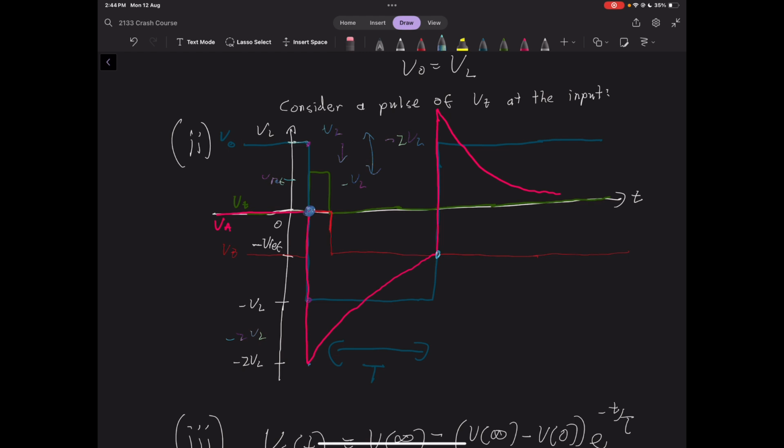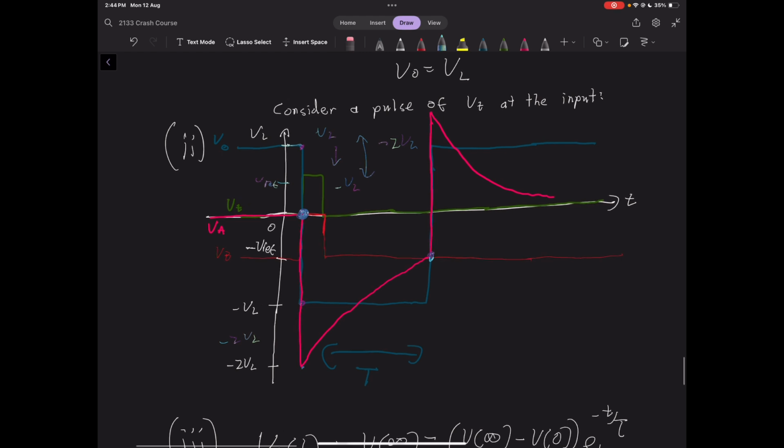after it has stopped being triggered. And then at this point here, suddenly V plus becomes greater than V minus again, which causes our output voltage here to spike up to the positive saturation voltage, VL. This again means that the change in voltage has gone from negative VL to positive VL, which is a positive 2 VL voltage change. And that means that this voltage here is going to increase by 2 VL from this point.